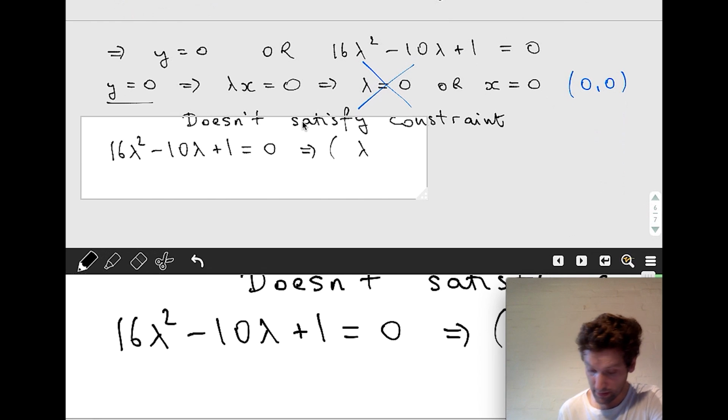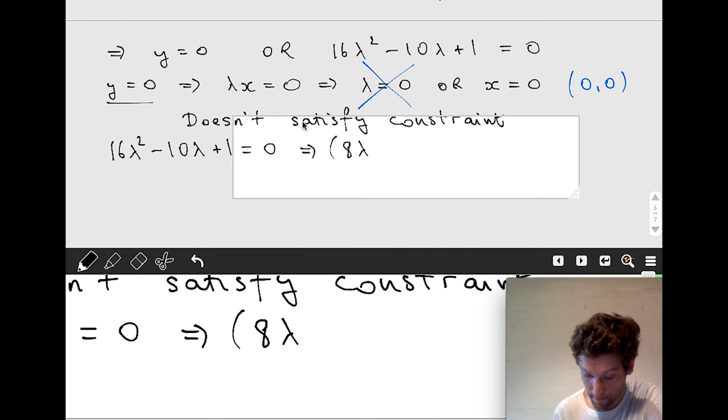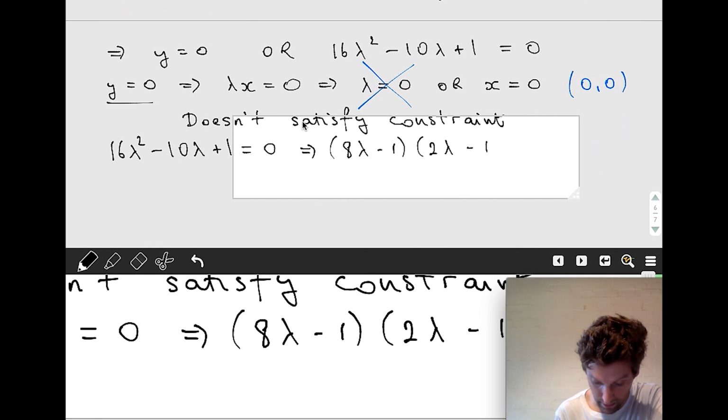We're going to get minus 8 lambda minus 1, 2 lambda, a little bit of minus sign on that, minus sign on that, plus, that's fine, is equal to 0.